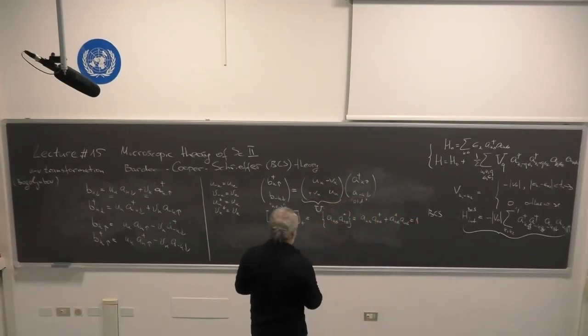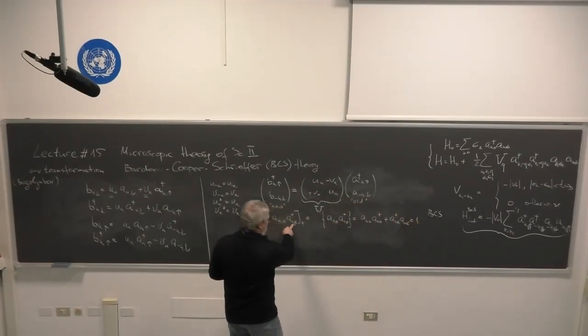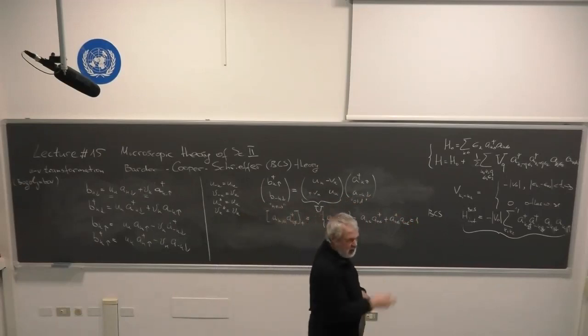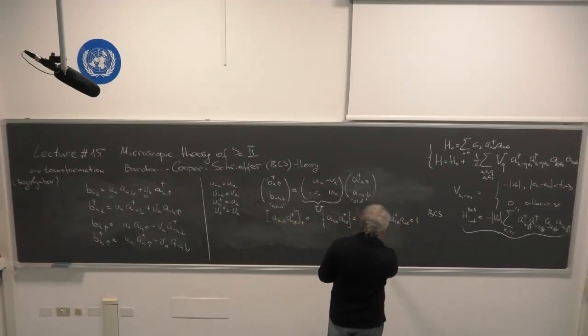If the momentum indices k here and there are not coinciding, or spin indices here and there are not coinciding, I have a 0. So this is the only situation when I have 1.